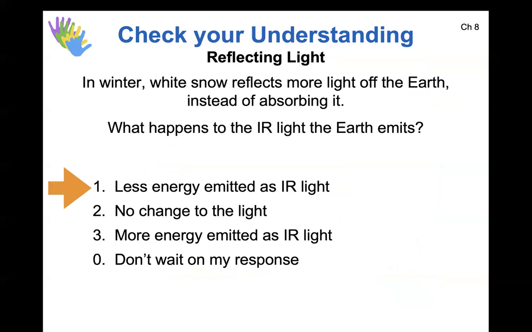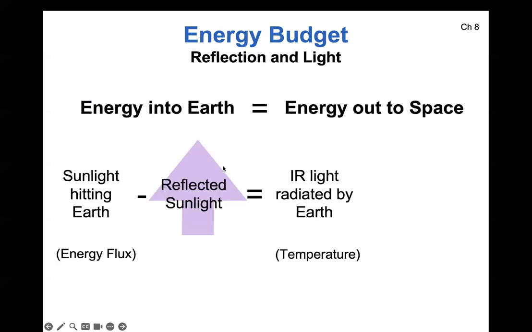Okay, less. So if there's more reflection, then infrared light doesn't have to do as much work, because the energy budget now is being partially sustained by the reflection. So you don't need to radiate as much in order to balance the input. And what that would look like in the equation is that we introduced an outgoing amount of energy because of the reflected sunlight.